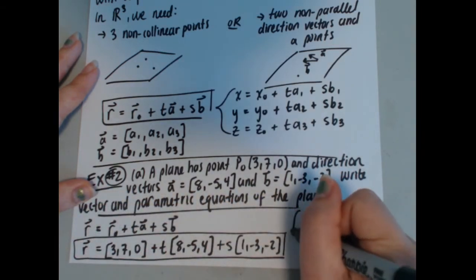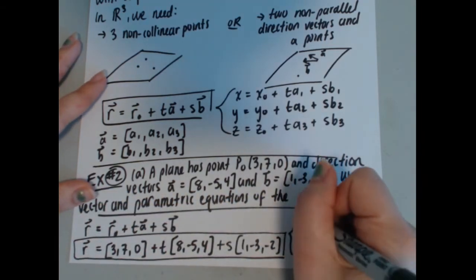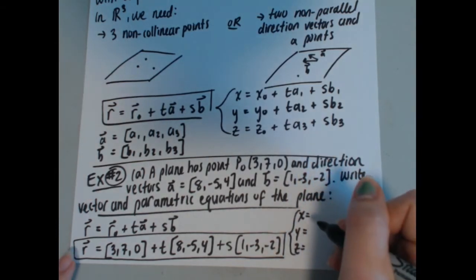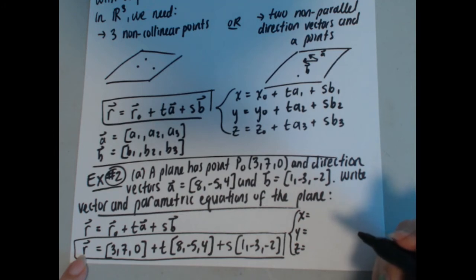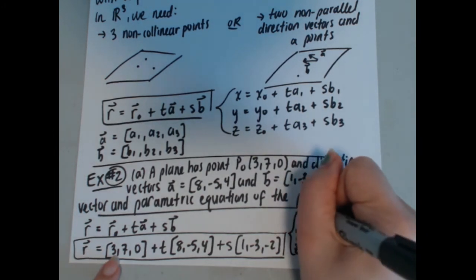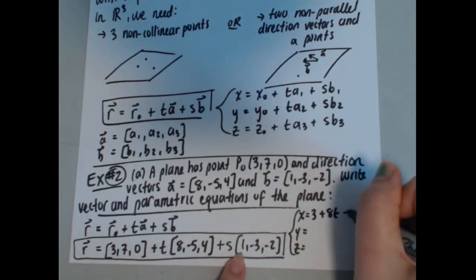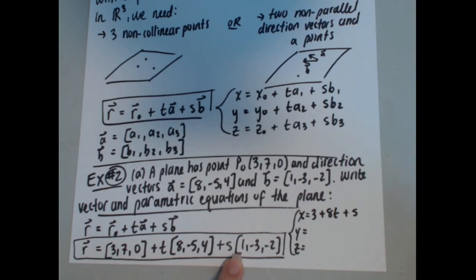Now, if you want to get the parametric equations, all you have to do is break that down into its x, y, and z components. Okay, so remember r is [x, y, z]. So x is going to be 3 plus 8t plus 1s, or just s.